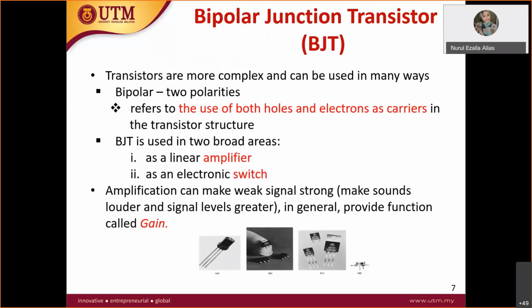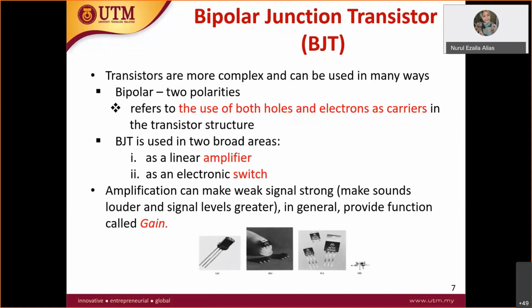Previously you had a P and N junction, but BJT is the combination of dual PN junctions. Diode has one PN junction, but BJT has dual PN junctions. So it has dual polarity as well, where it refers to holes and electrons as carriers.